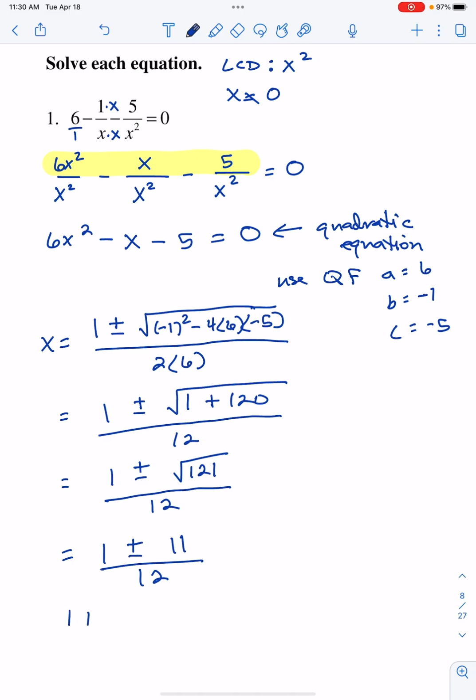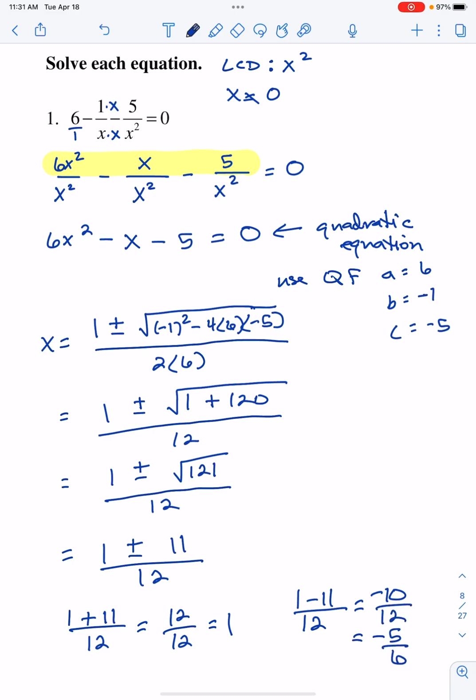We get 1 plus 11 over 12, which is 12 over 12, which is 1. And we get 1 minus 11 over 12, which is negative 10 over 12, which reduces to negative 5/6. So 1 and negative 5/6 are our answers.